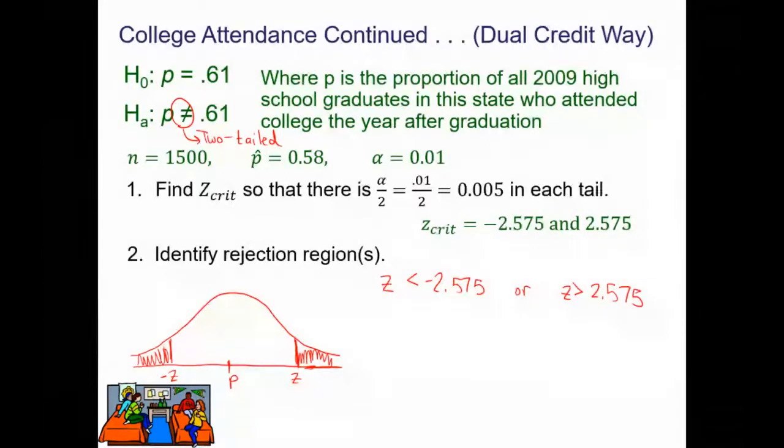Okay, so that's our rejection region. We'll erase this so that it doesn't muddy up the slide here, or so you can't read what's going on.